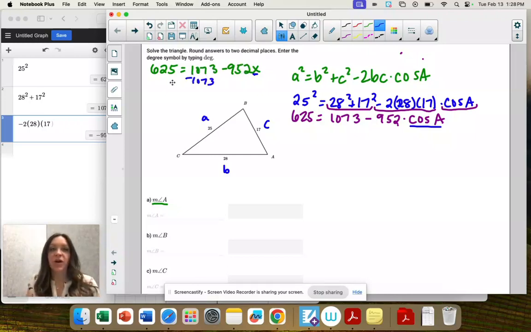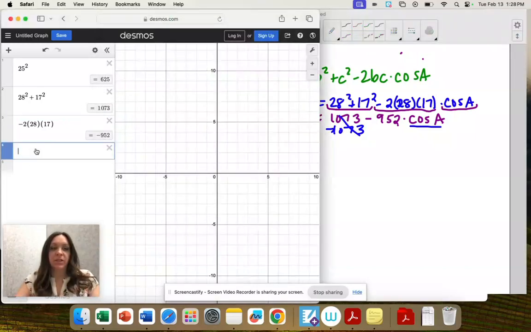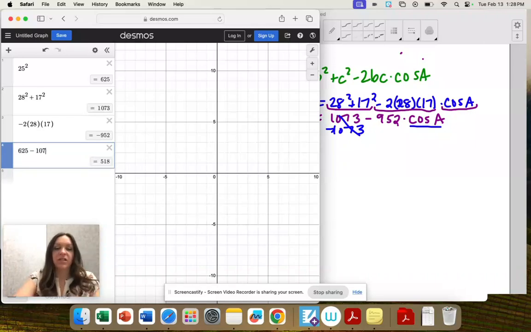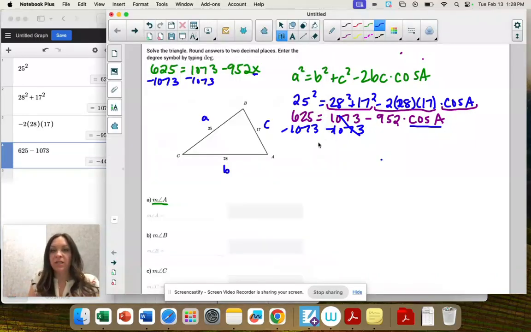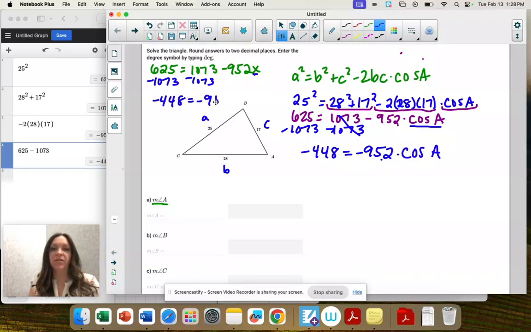We're going to subtract the 1073 from both sides, because when you're solving an equation like that, you always start with add or subtract. So 625 minus 1073 is negative 448. So negative 448 equals negative 952x.